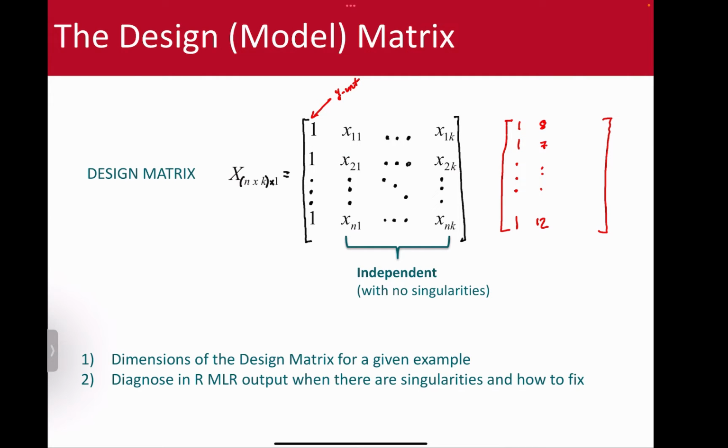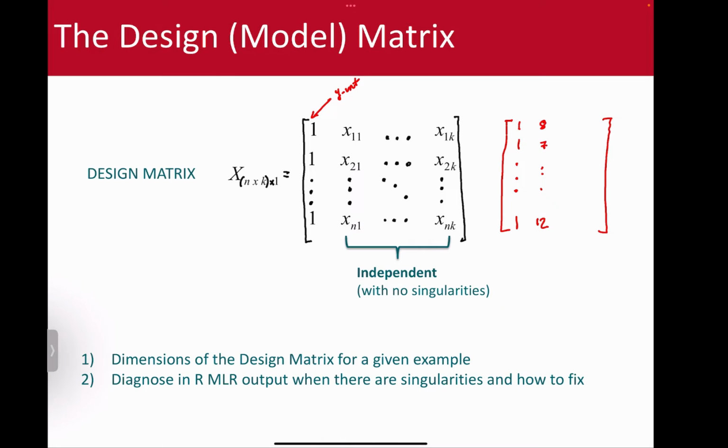Now, there's a special condition that we have to have for the design matrix, and that is that the columns must be independent. They can't have what we call singularities. A singularity happens when two columns are multiples or combinations of other columns. Let me give you an example. Suppose you have a predictor, and that predictor is, let's say, degrees in Celsius.